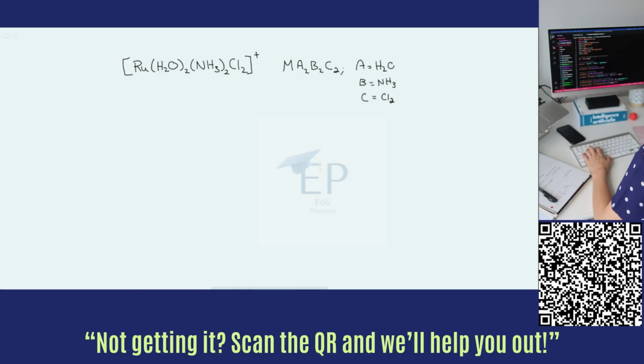Or rather, that's the chloride ion, which there are 2 of them.